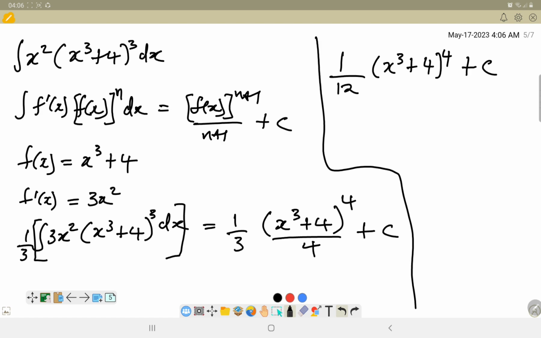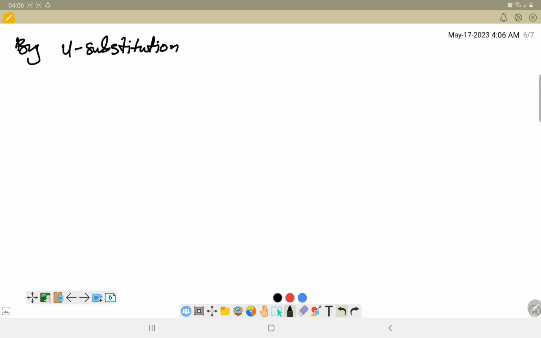So the answer was 1 over 12 times x to the power 3 plus 4, all to the power 4, plus c. So we should get the same answer when we are using u substitution. So the question was x squared times x to the power 3 plus 4, all to the power 3 dx.